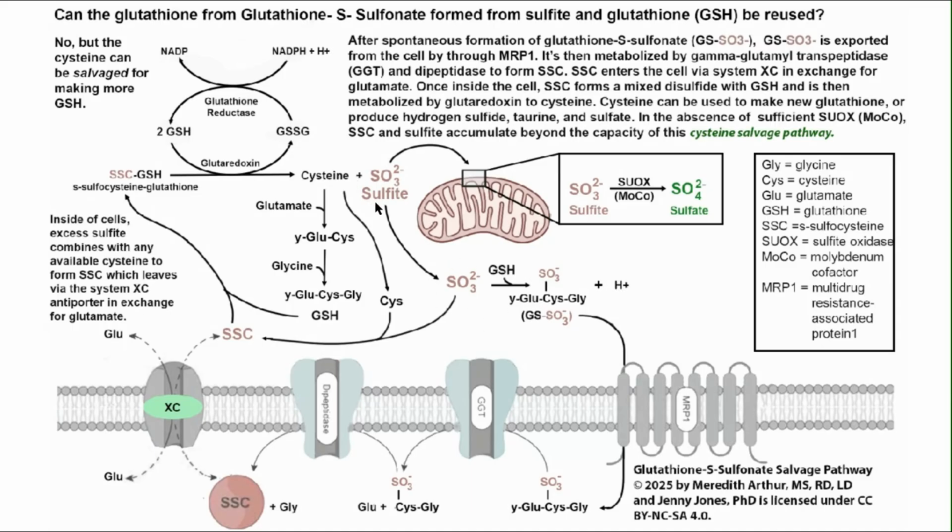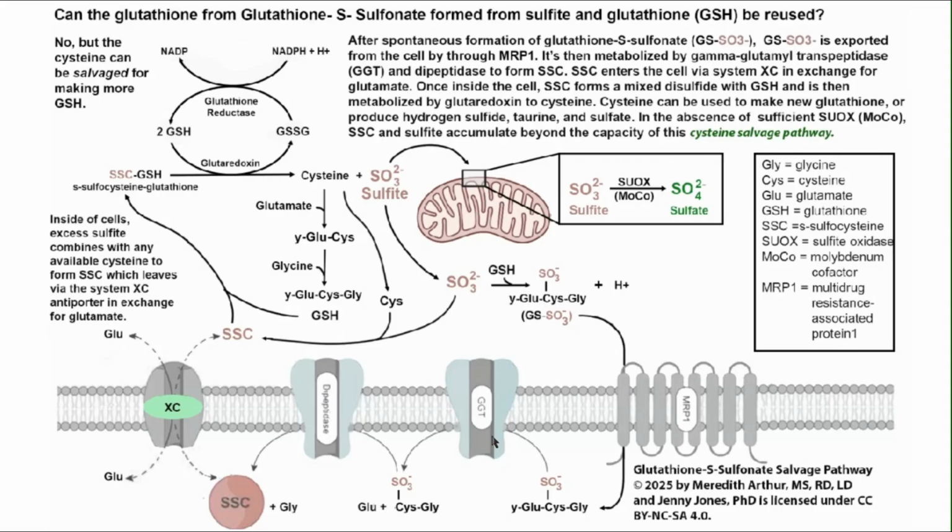Or if most of your sulfite is coming from the CDO enzyme, then that sulfite could be complexed with glutathione to make a sulfonate. And then the sulfonate leaves via this MRP1. It's called multidrug resistance-associated protein 1. It leaves and it's metabolized by GGT.